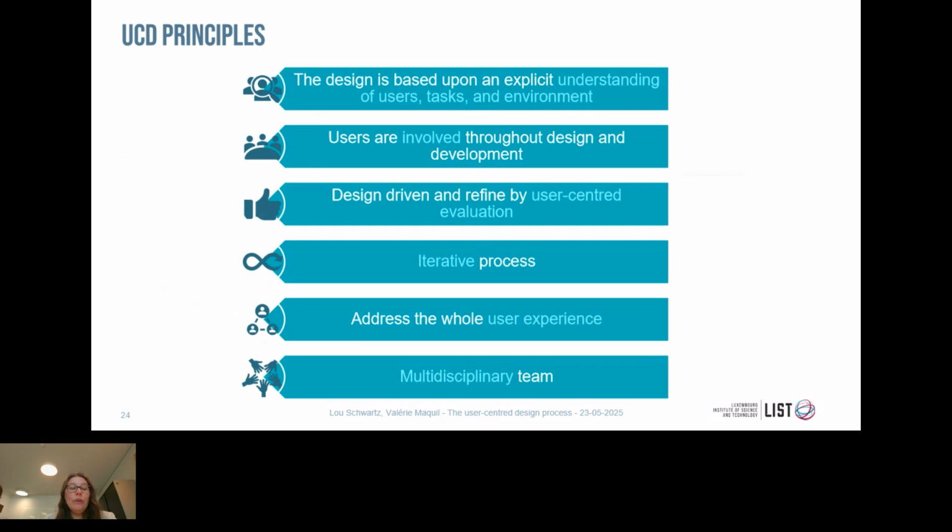Second, the direct involvement of representative users throughout the design is crucial to identify usability issues, validate design assumptions, and ensure that the final product meets user expectations and requirements.